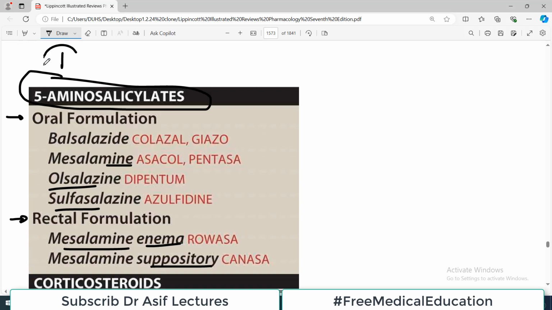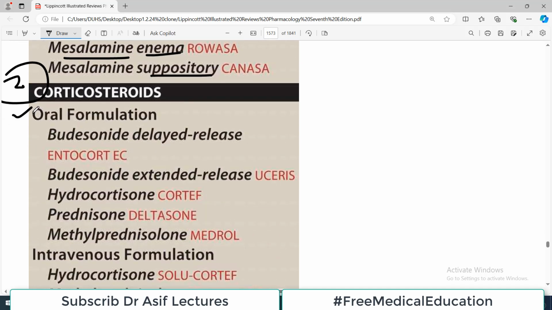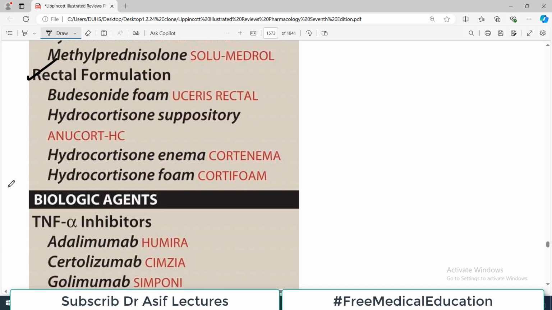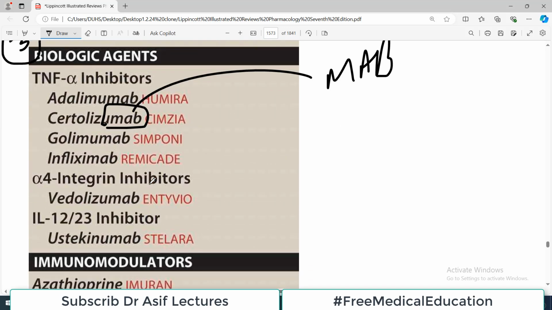So the first category of drug is aminosalicylates. The second category of drug is corticosteroid, can be used orally, can be used IV or rectally. Okay, then there are biological agents, the third category, such as TNF alpha inhibitors, adalimumab, certolizumab. ये mab जब कभी word आ जाता है, it means monoclonal antibody, and this is an indication that this is an immunotherapy.